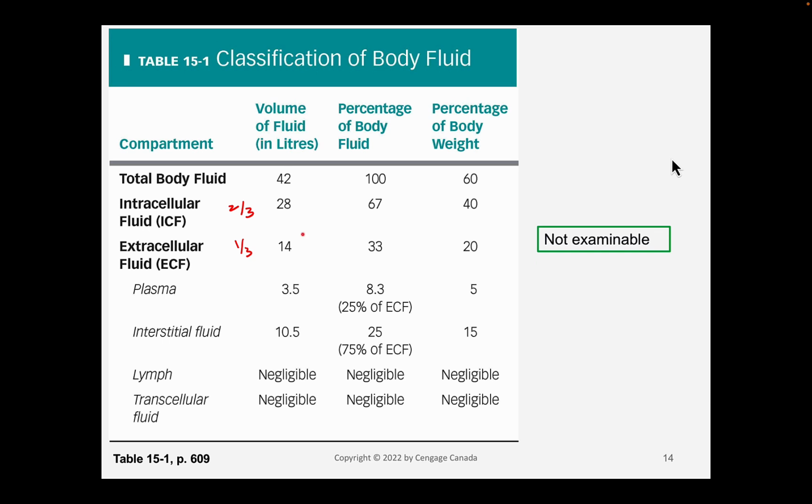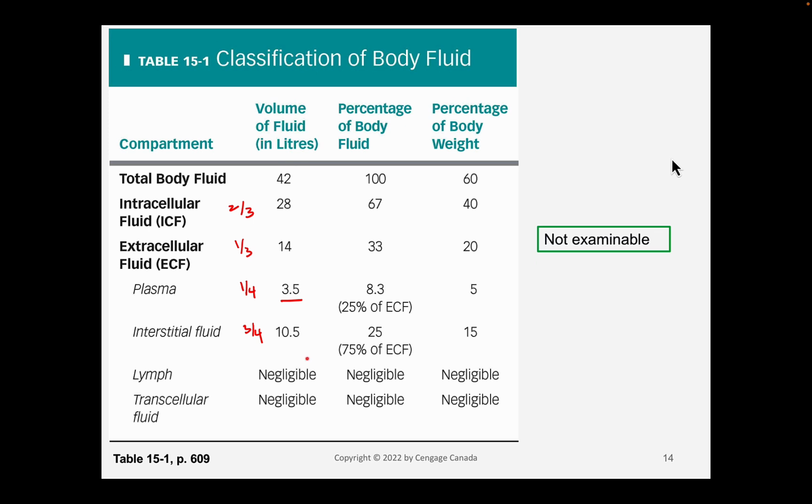Of this 14, 1/4 is in our blood plasma. So we think of blood as where most of our body fluid is, but it's really only about 3.5 liters of your total 40 some odd liters. The interstitial fluid makes up the remaining 3/4, about 10 liters.